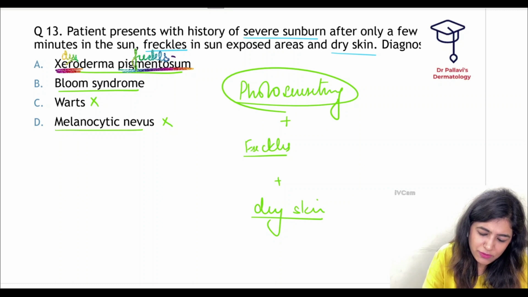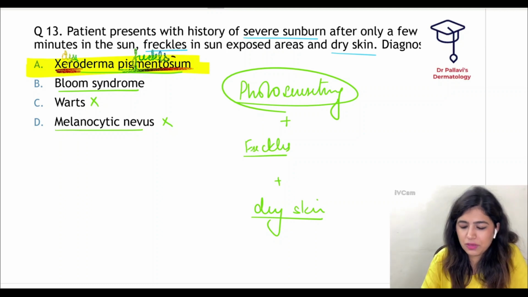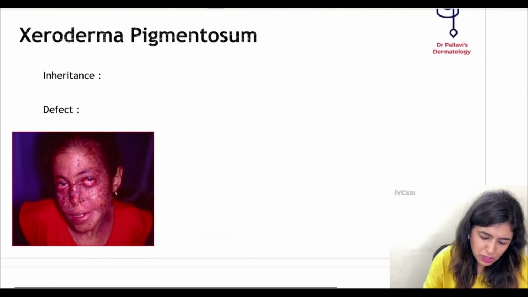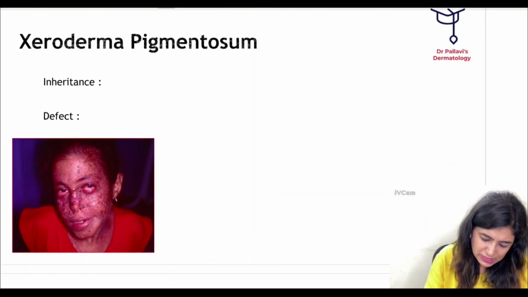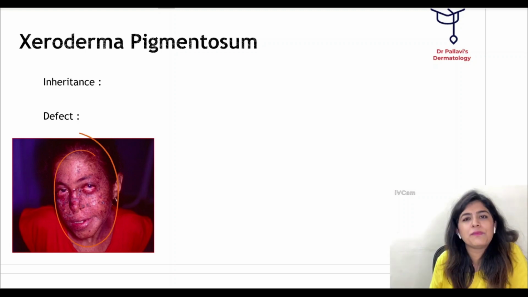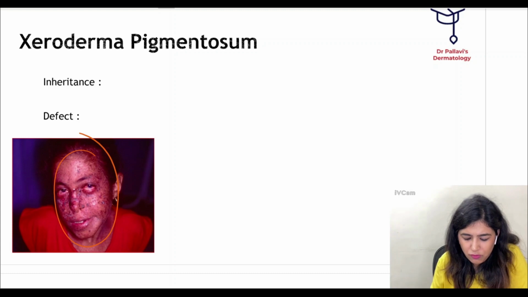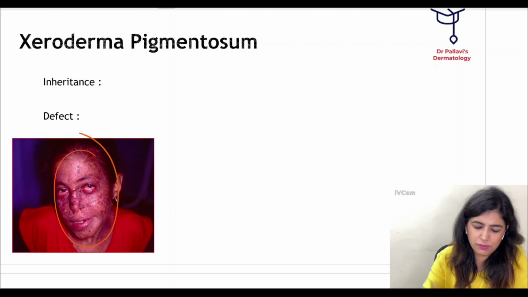So the name of the disease is telling us the clinical features. The answer to question number 13 is xeroderma pigmentosum. Look at the image here. The skin is dry. It has so many freckles. There is corneal involvement because of photophobia. Then there may be different skin ulcers because of the photosensitivity. So the answer to this is xeroderma pigmentosum.